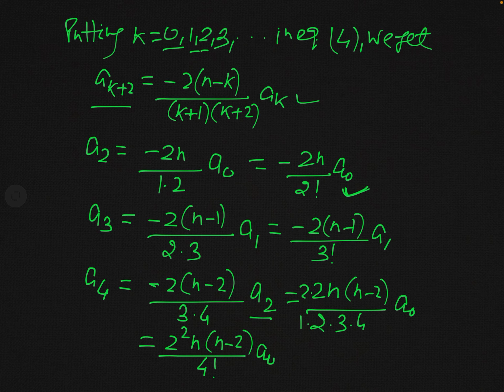Similarly, substituting k equal to 3 in this equation, we can obtain the value of a5. So let us put k equal to 3, and after substituting k equal to 3, we will get a5.